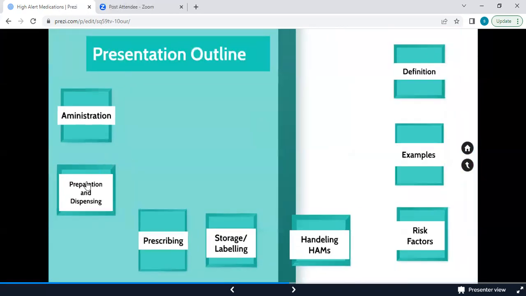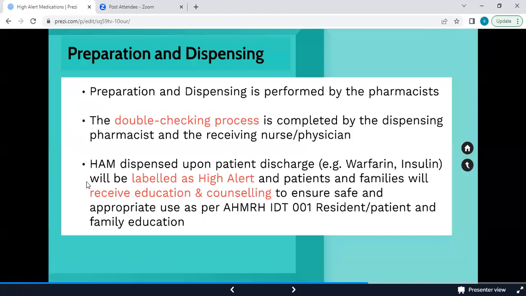In the preparation and dispensing, most probably the ones who will prepare high alert medications are the pharmacists. We are the ones accountable for this. There should be double checking while you are dispensing, between you and the nurse. If it is an inpatient, then the nurses will take care of it.